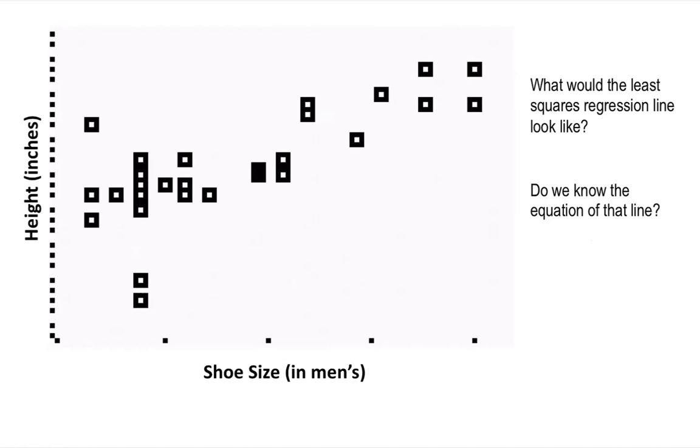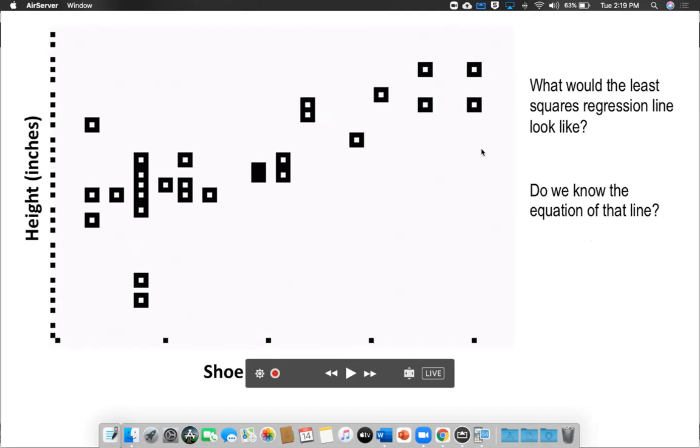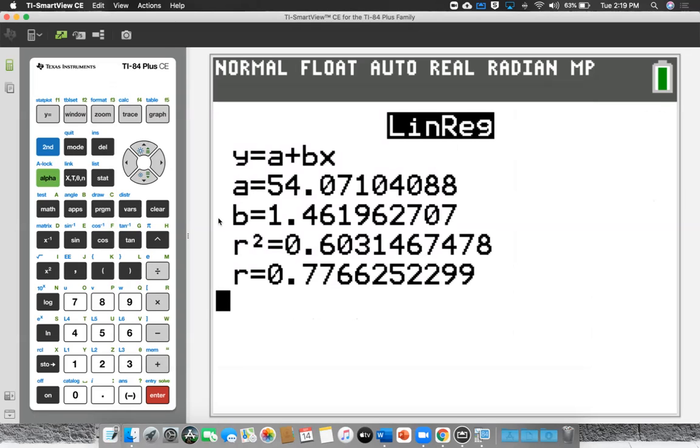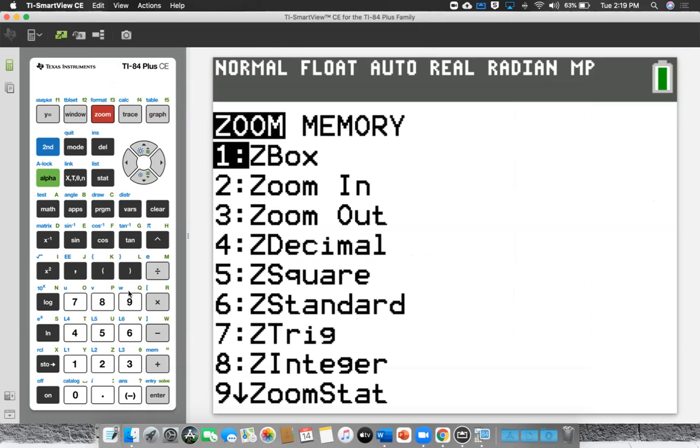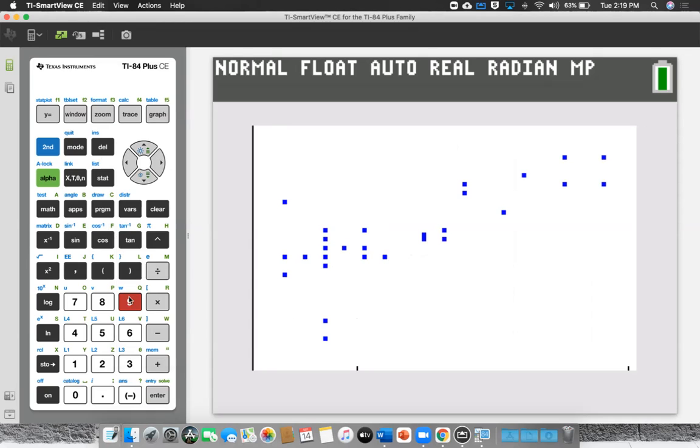Okay. So what I want you to do is go to your scatter plot on your graph, on your calculator. It looks like that, right?